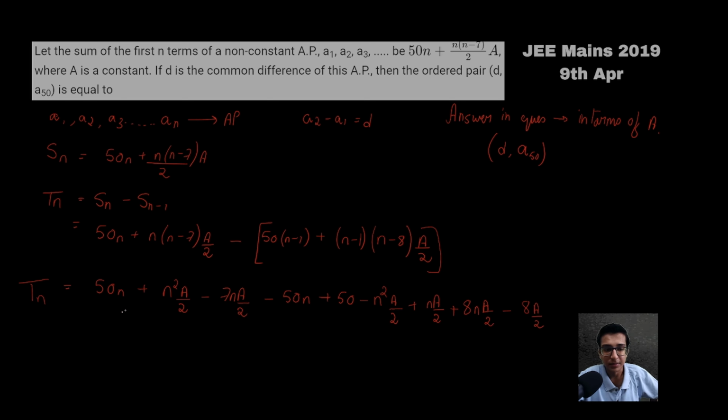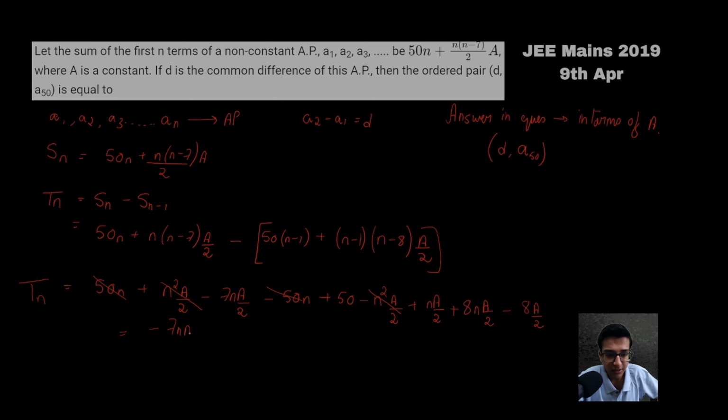Now let's simplify this a bit more and get a very short equation for Tn. Then it would become very easy for us to solve this question. 50n gets cancelled out from each other. Minus n square a by 2 gets cancelled with plus n square a by 2. So what are we left with right now?